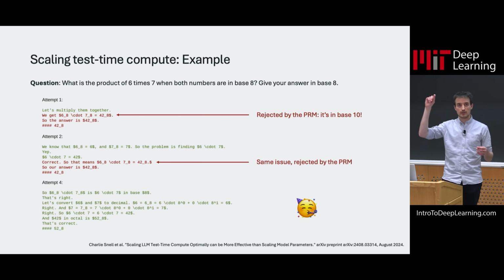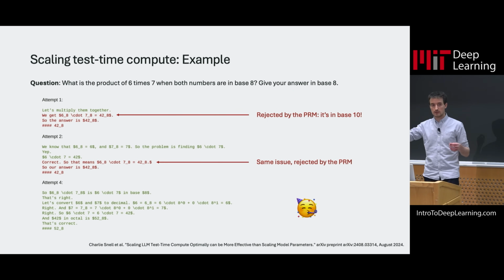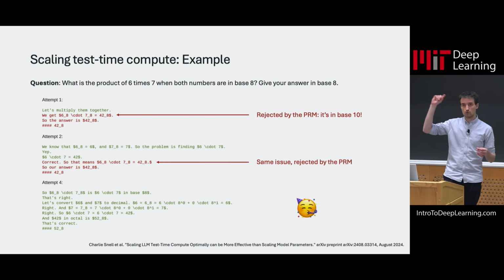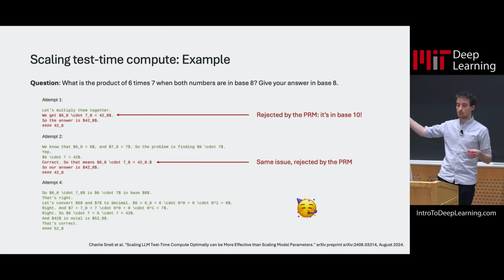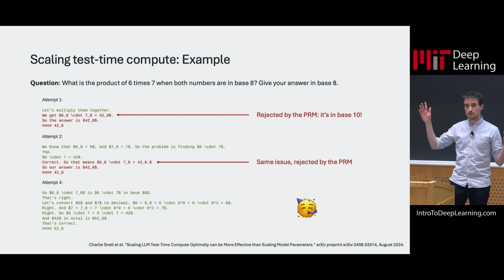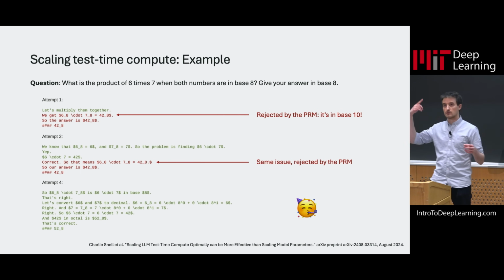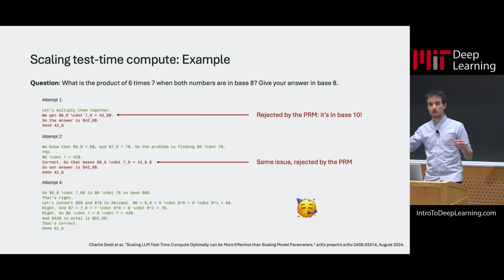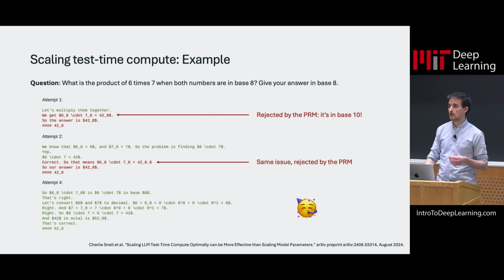Now it has an extra correct step, but it has the same issue. It's also rejected by the process reward model. And finally, we have attempt 4. I skipped the third one. Where it's all correct and the answer is good. So you see this mechanism, we iteratively improve the quality, and iteratively we get better and better steps.